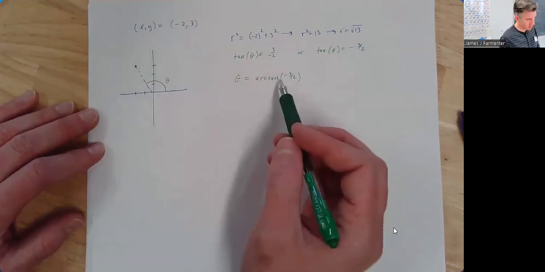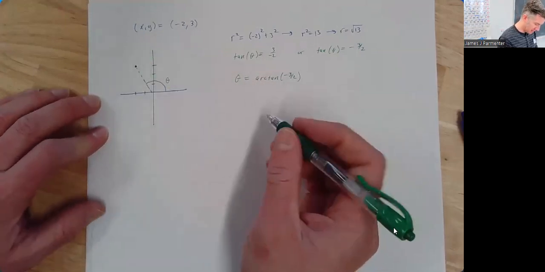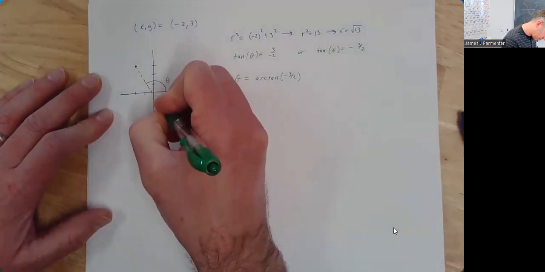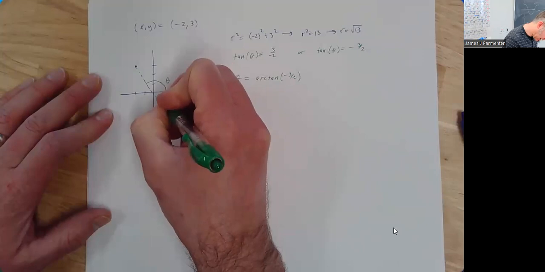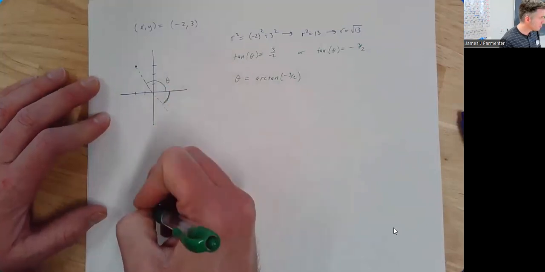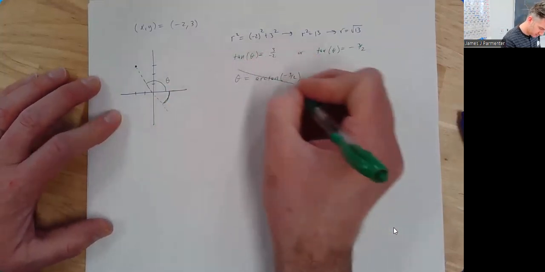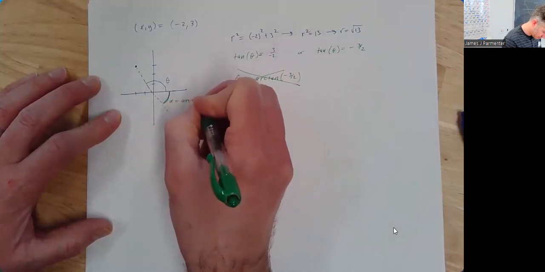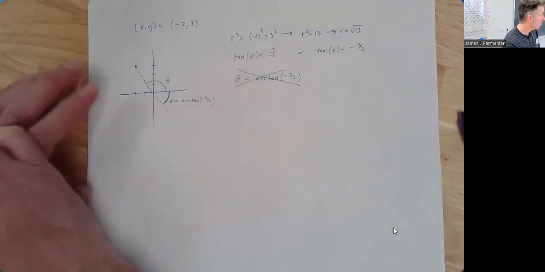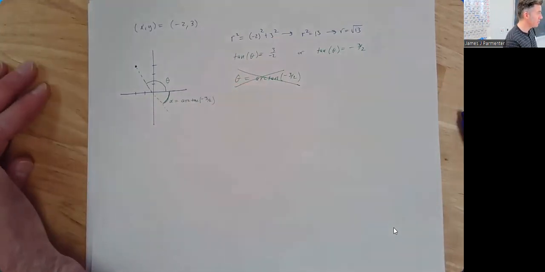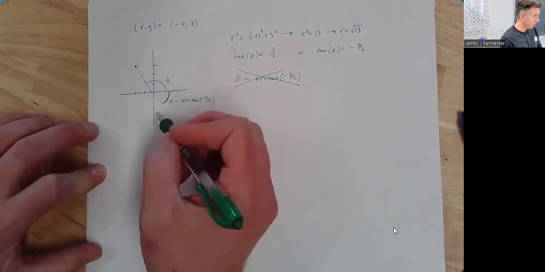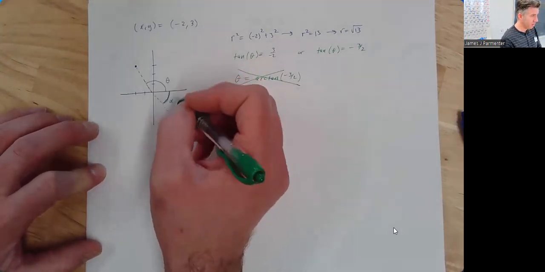So this angle here, the arctangent of -3/2, is actually that angle right there. It went the other direction, because the arctangent function only gives you angles that are negative in quadrant 4 or positive in quadrant 1.